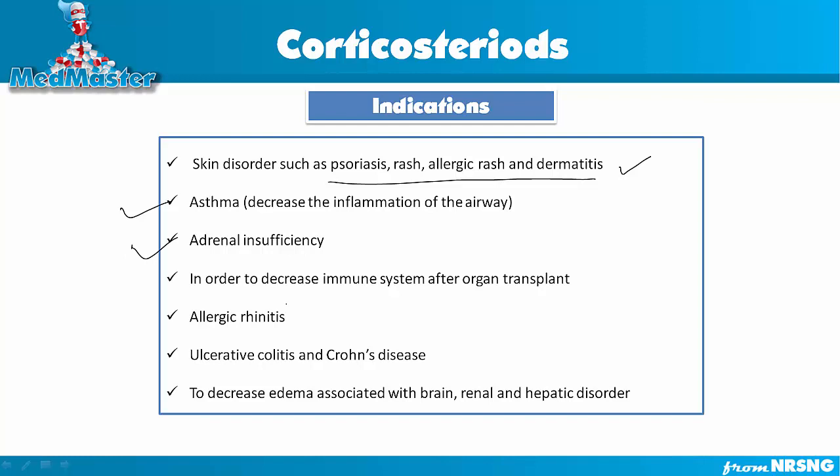Whenever there is any kind of organ transplant, like a kidney, liver, or heart transplant, there is a high chance that the organ can be rejected by the patient's immune system. So this medication will be given after the transplant to decrease the immune system of the patient, so they will not have organ rejection after a transplant.